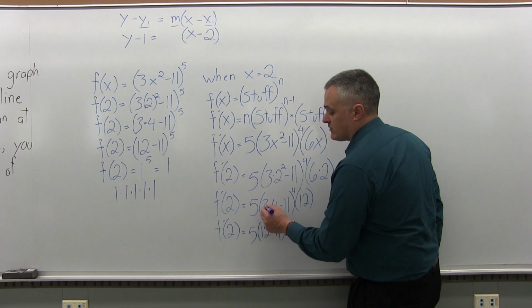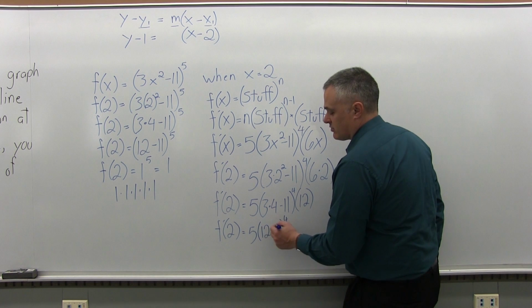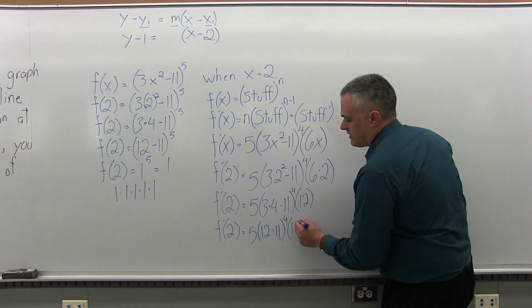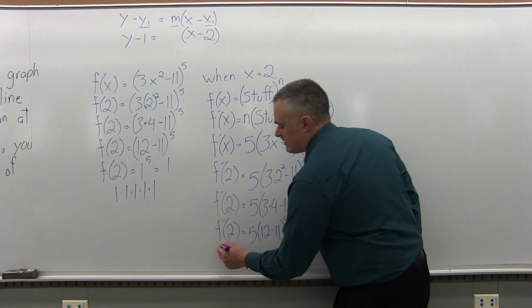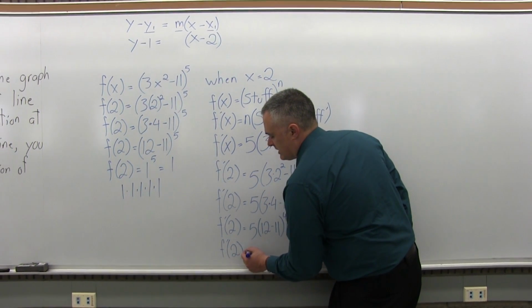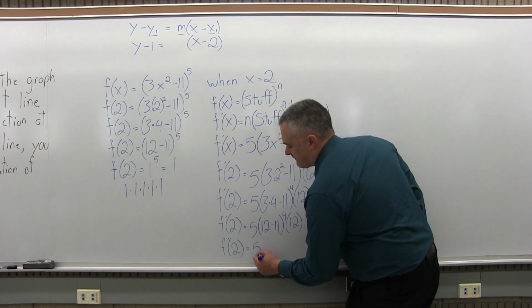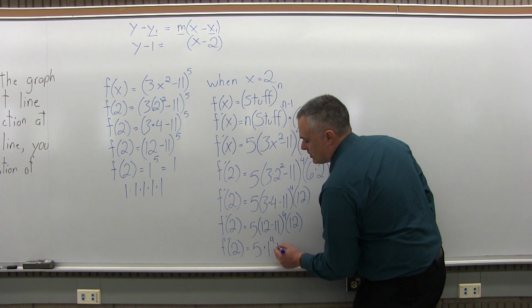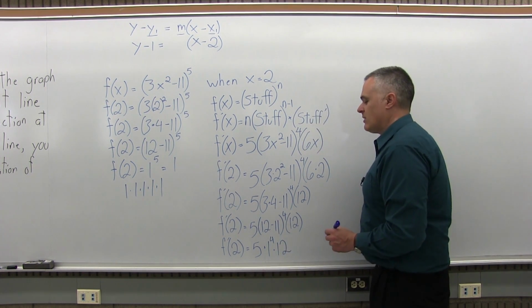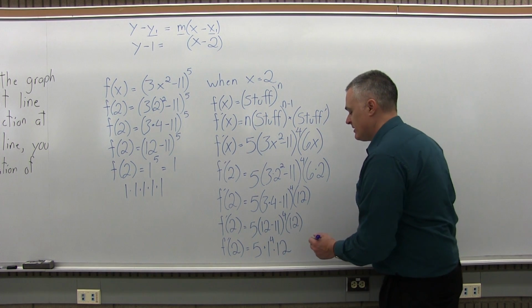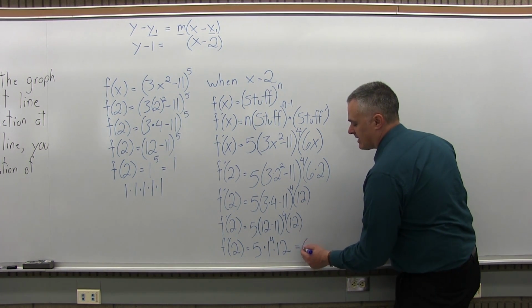But I had 3 times 4 in the line above it, 3 times 4, there's a 12. Minus 11 stayed, the 4th stayed. And then times 12 at the end. Then f prime of 2 equals 5 times 1 to the 4th times 12. Well, 5 times 1 to the 4th times 12 multiplies out to be 60.